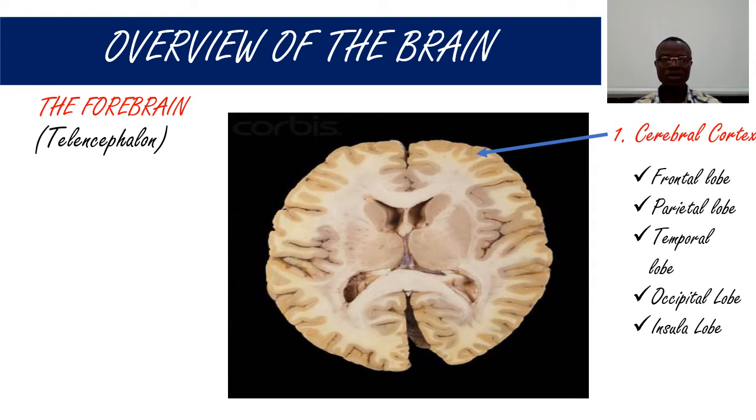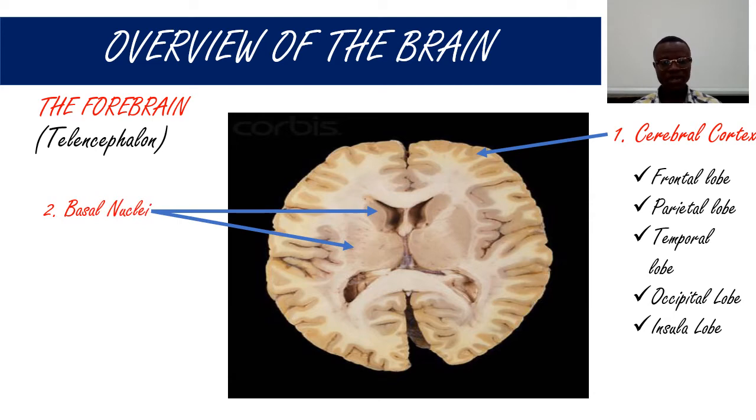We now turn our attention to the gray matter that is found in the center of the brain. These are also important structures. The gray matter that is found in the center of the brain is called the basal nuclei.